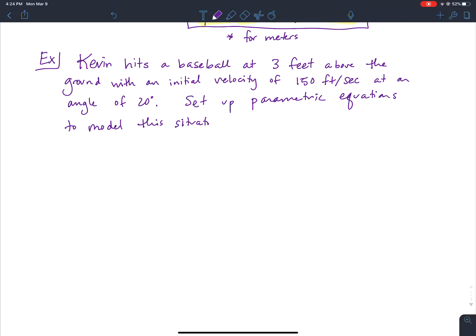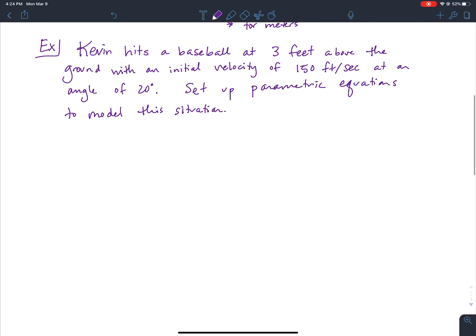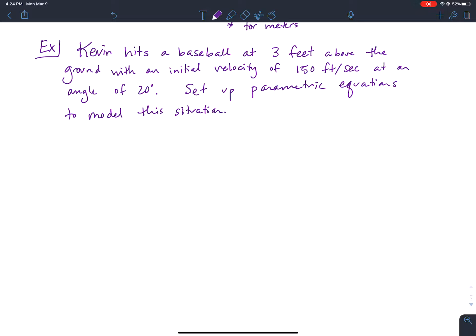We can actually solve some cool problems with this, like talk about if he hits a home run or not, things like that, but that's all done in the calculator, so we'll talk about that in class. So to set up parametric equations, we would first talk about what's going on here. He's hitting, okay, he's hitting starting 3 feet off the ground.